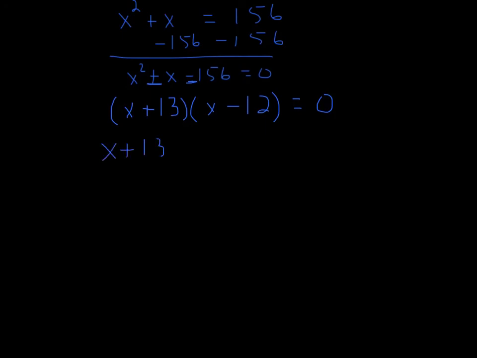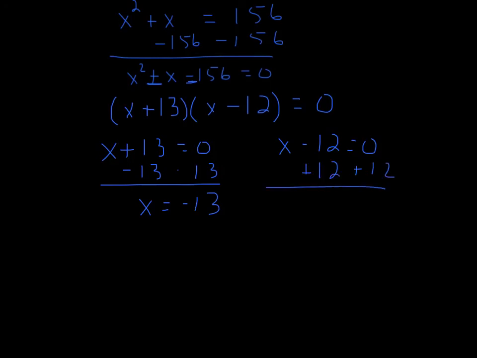Okay, now we solve. x plus 13 equals 0, x minus 12 equals 0. So we solve, minus 13, get x equals negative 13, plus 12, x equals 12. Okay, so if we use x equals negative 13, then x plus 1 will equal negative 12.